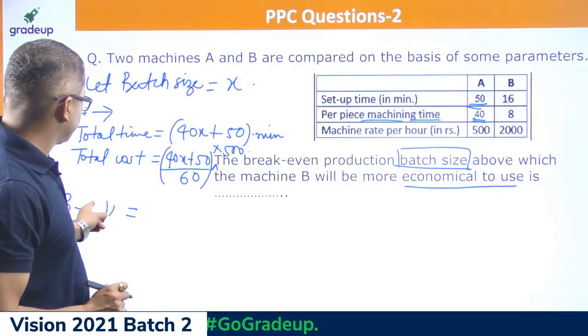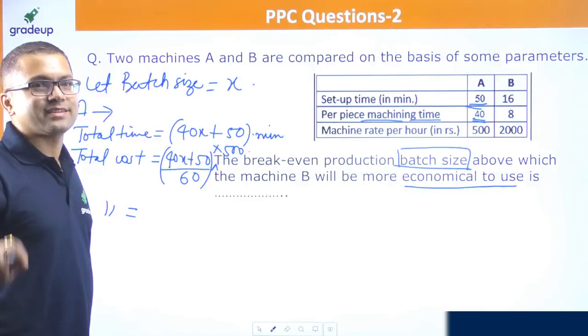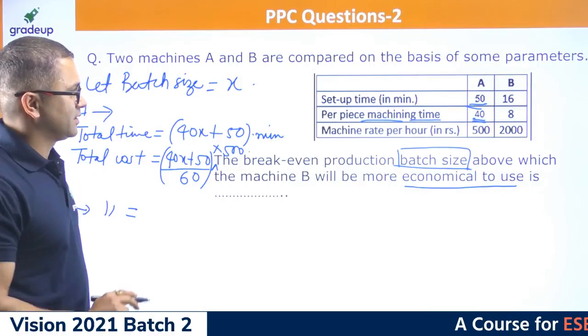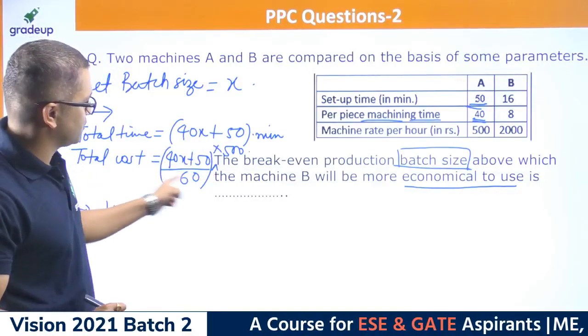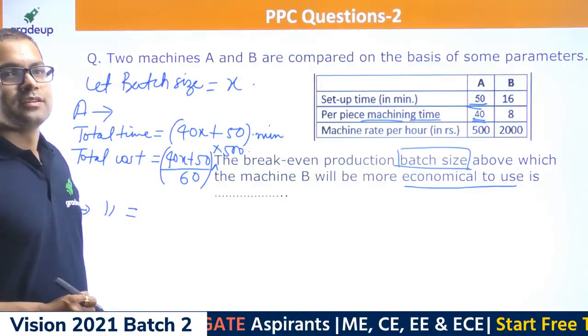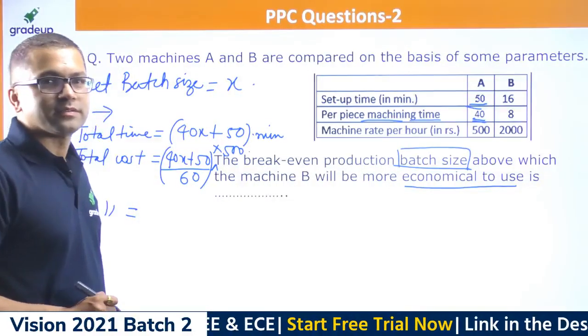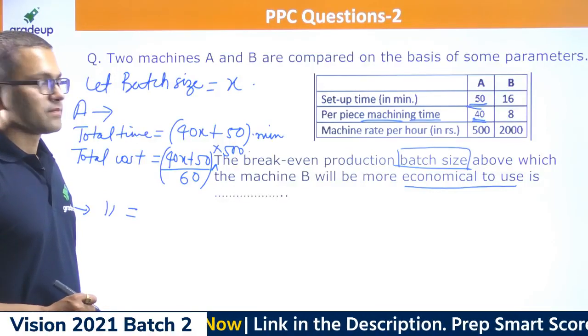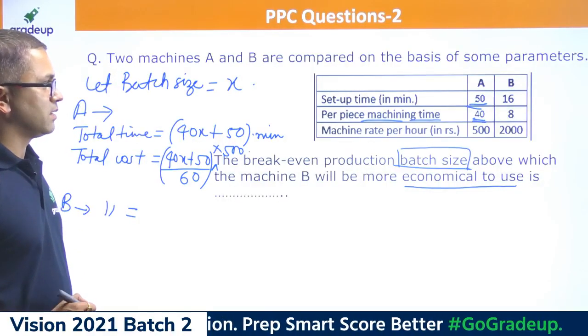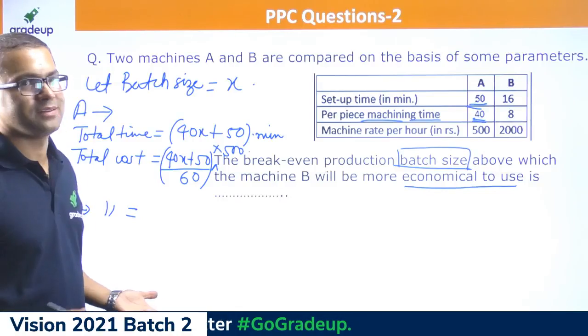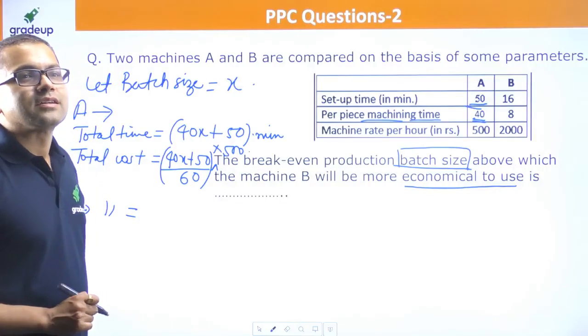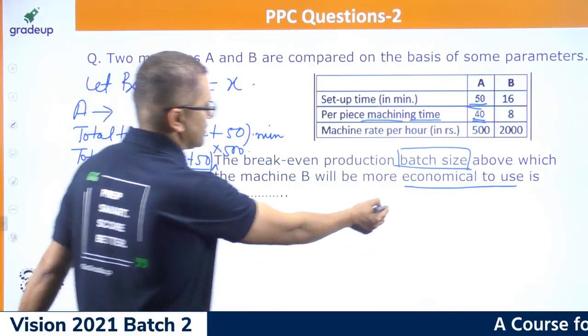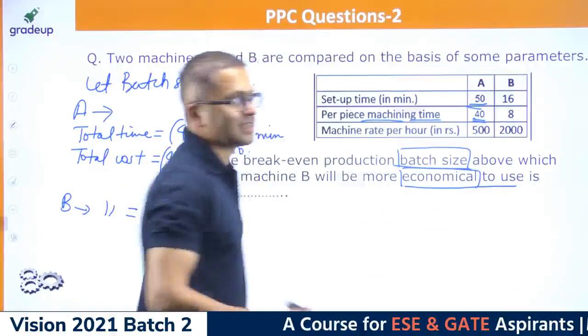So similarly for B, can you please write not the total cost? We have written total cost over here. Machine rate per hour. We need to find the cost, Muhammad, alright? Because we need to find which one is more economical, which one has lesser cost.